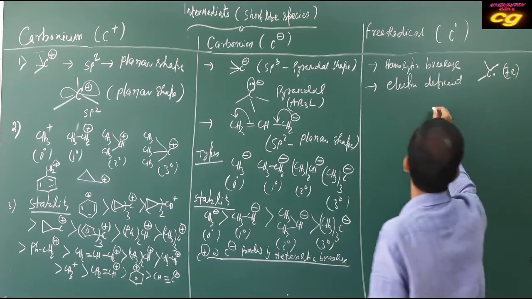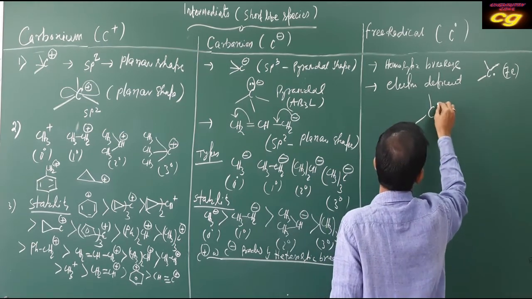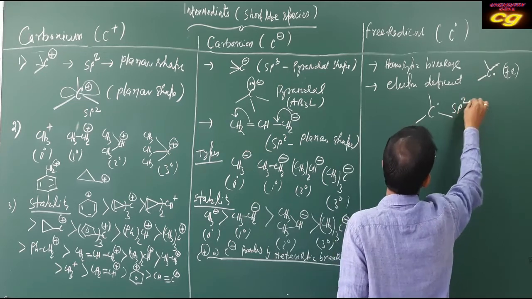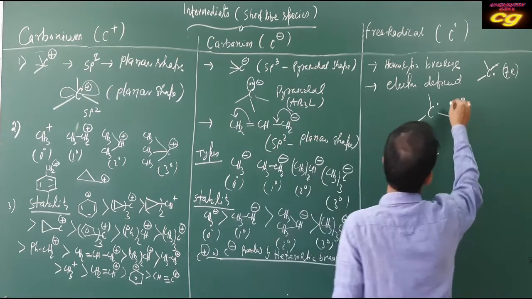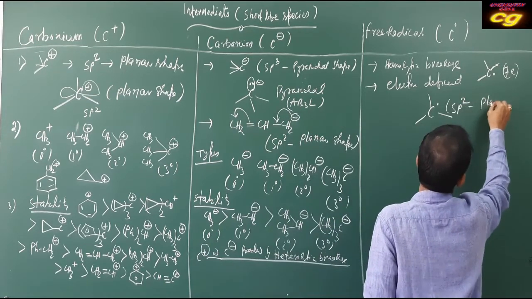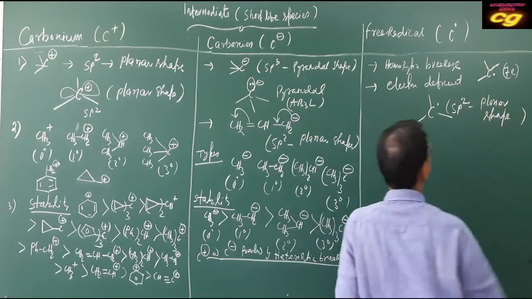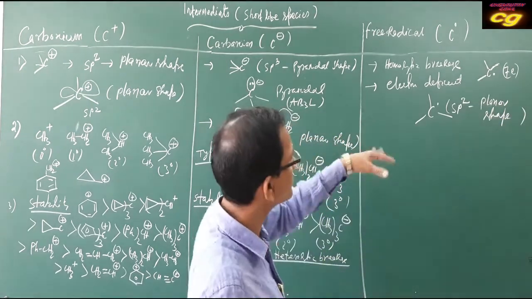So if you see the actual structure of a free radical, it is generally sp2 hybridization and planar shape. But deviation takes place when it is not stabilized.